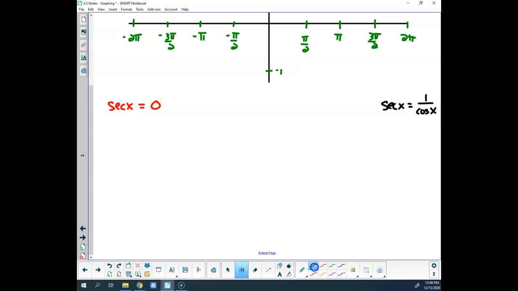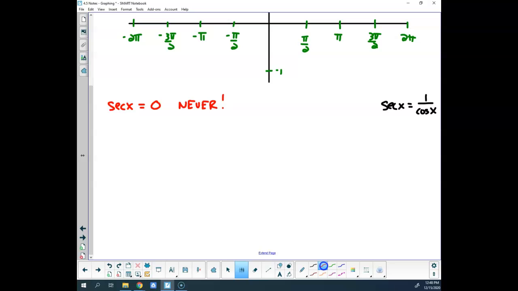No. No. Say it. Never. It's never equal to 0.